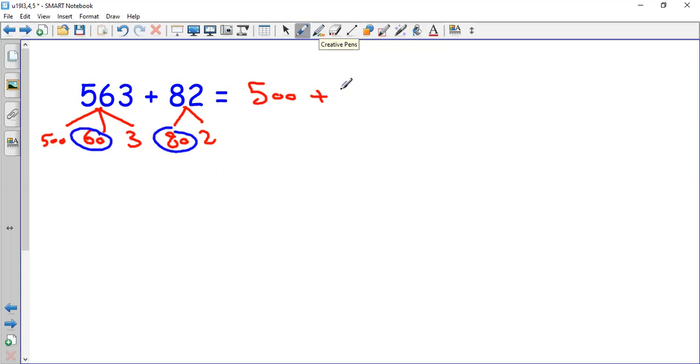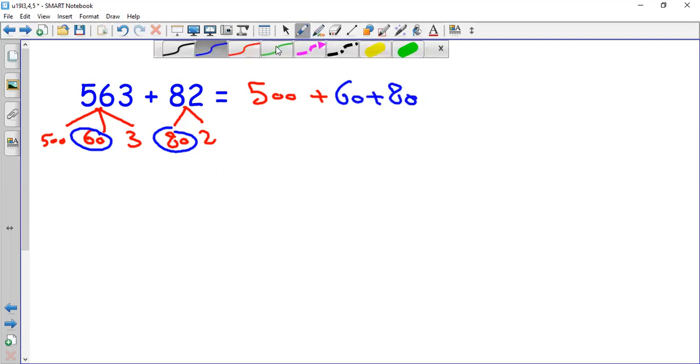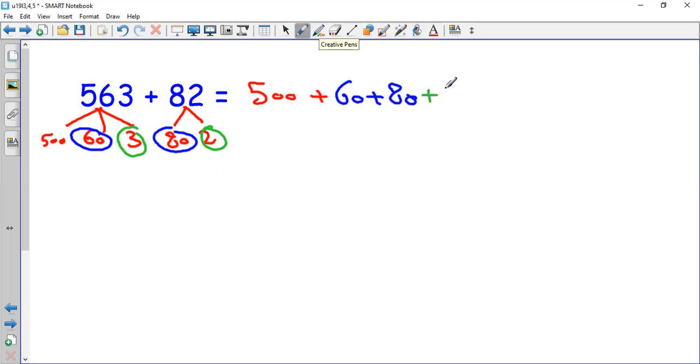I will write them next to each other: 60 plus 80. And I have 3 and 2. I will write plus 3 plus 2. I still have 500, plus 60 and 80 is 140. 3 plus 2 is equal to 5.